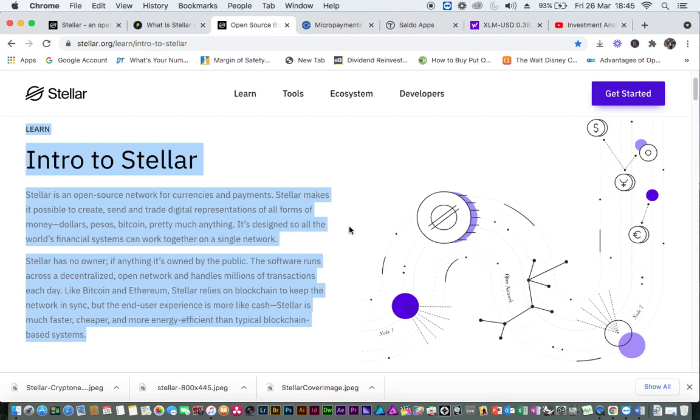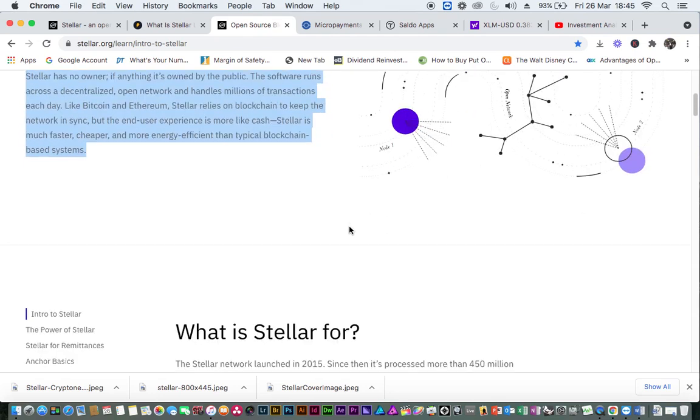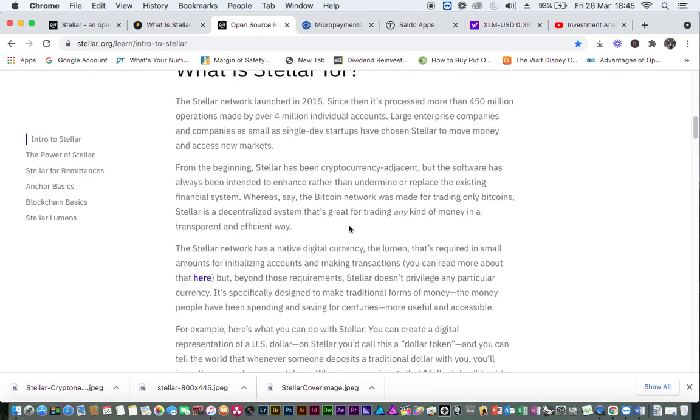You can create a digital representation of US dollar on Stellar. And you can call it, quote and unquote, dollar token. And you can tell the world that whenever someone deposits a traditional dollar with you, you issue them one of your new token. When someone brings that dollar token back to you, you promise to redeem it in turn for one of the regular dollar in that deposit account.